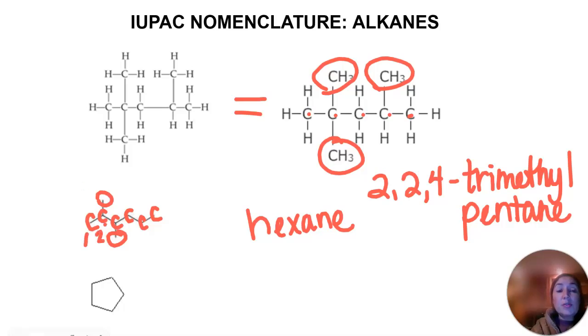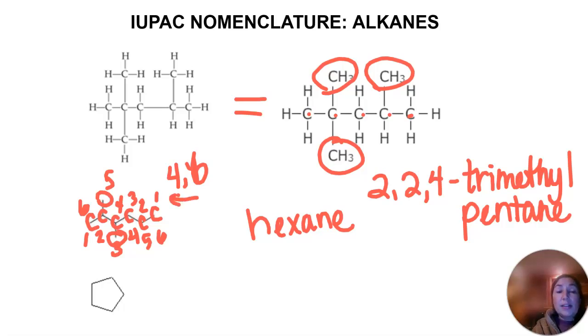1, 2 for that second methyl group, 3, 4, 5, 6 is my numbering from the left. If I number from the right, the groups will be at 4 and 6. So numbering left to right, the groups were 2 and 3, and right to left, they were 4 and 6.